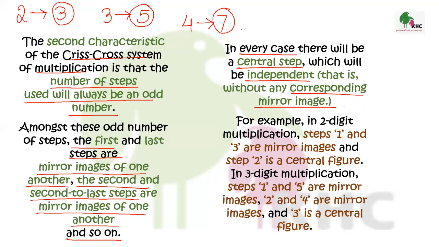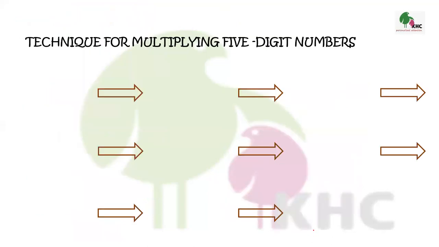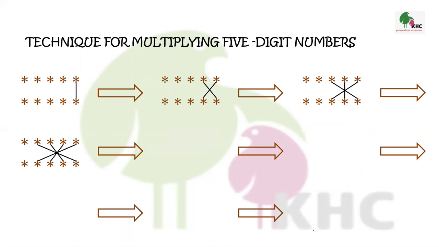Again, here the same thing has been discussed. Step 1 and step 3 are mirror images. Step 2 is the central figure. In 3-digit multiplication, step 1 and step 5 are mirror images, 2 and 4 are mirror images, but 3 is the central figure. Now we'll quickly look at the steps involved in 5-digit numbers. First, you multiply the one's digit, then crisscross 2 digits, 3 digits at a time, 4 digits at a time, 5 digits at a time.